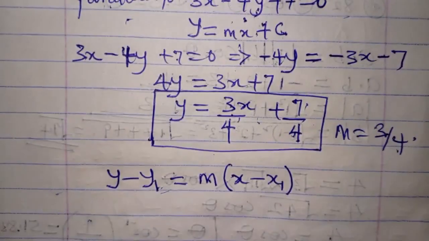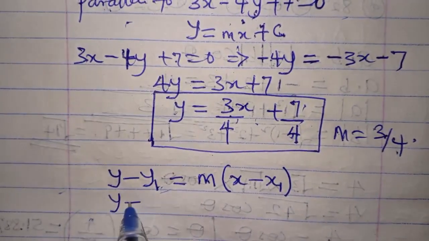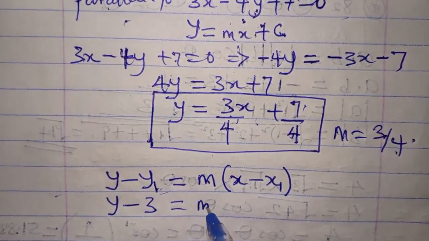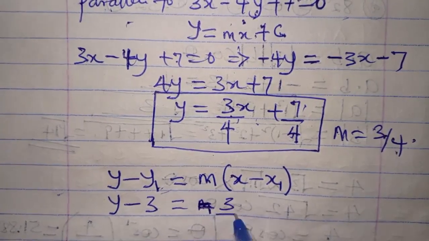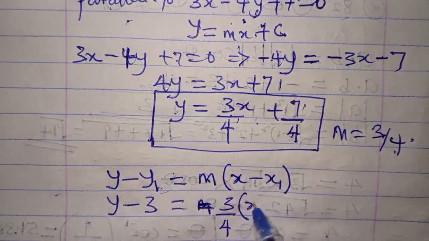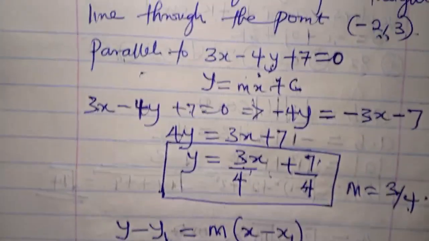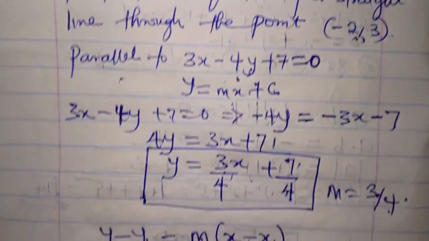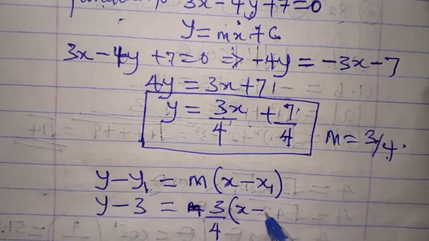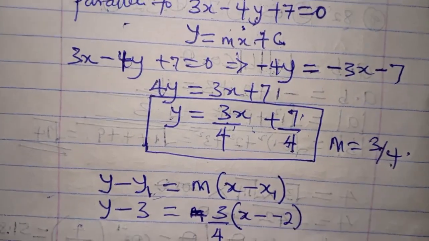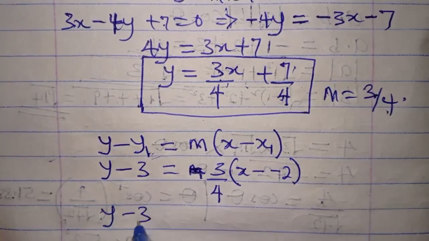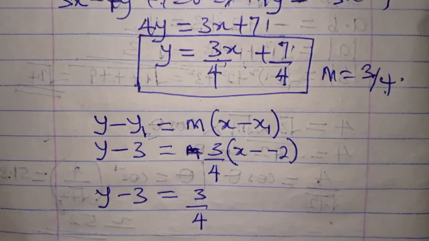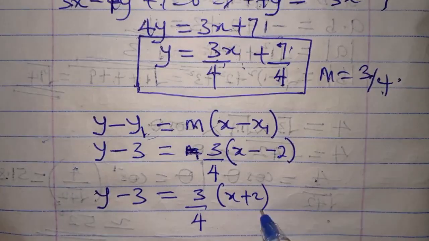So the equation is y minus y1, which is 3, m is 3/4, into x minus x1, which is -2. So x minus -2. So y minus 3 is equal to 3/4 all into x plus 2.